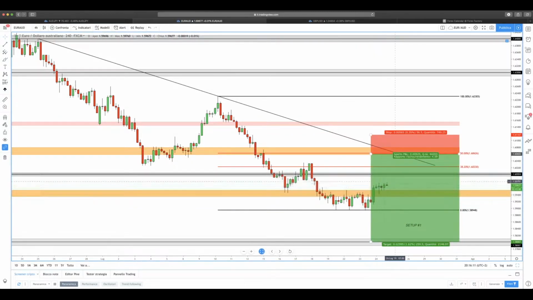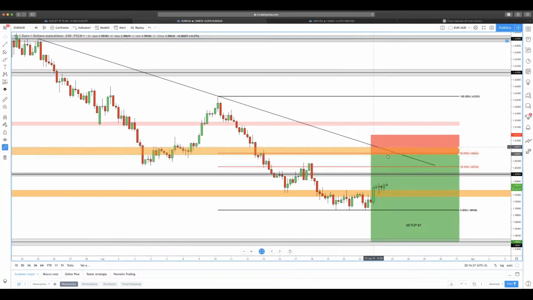Now we have to carefully watch the price action around 1.60 as explained on the daily time frame, because if the price comes back with a daily close above this key level, this will be a strong signal that the price is ready for a deeper correction.